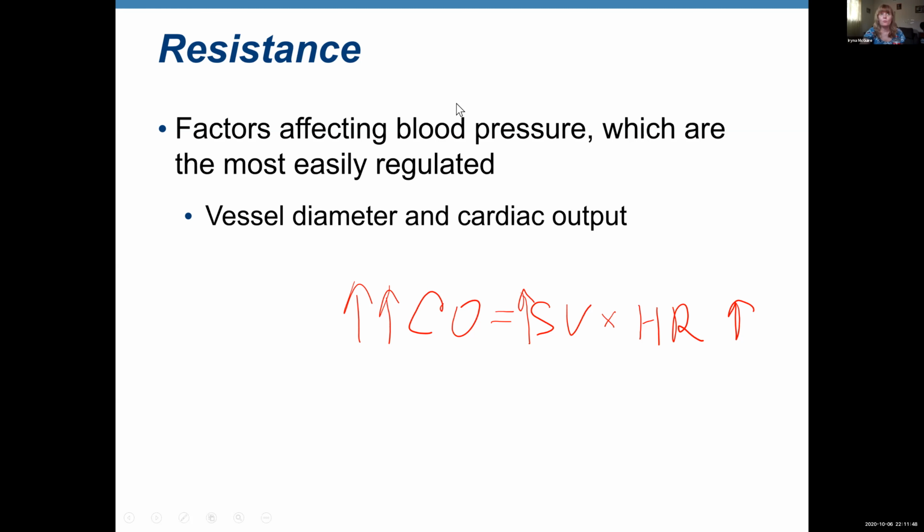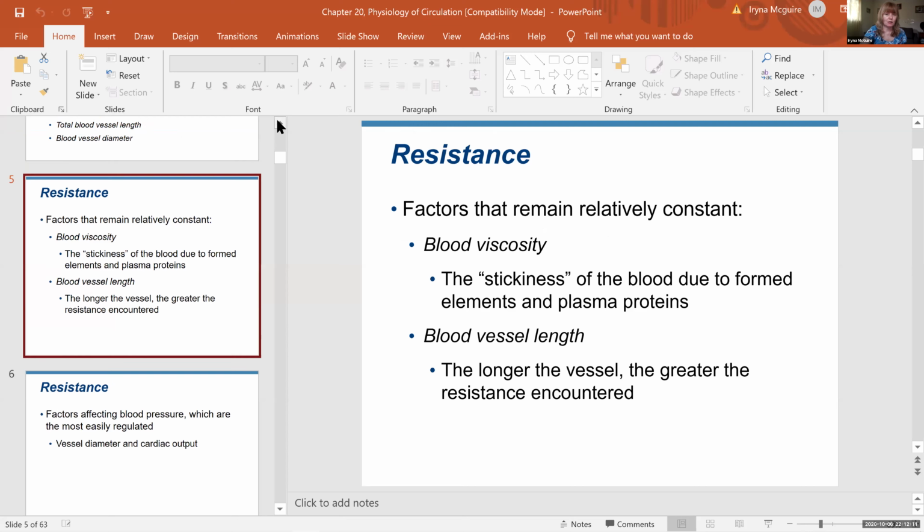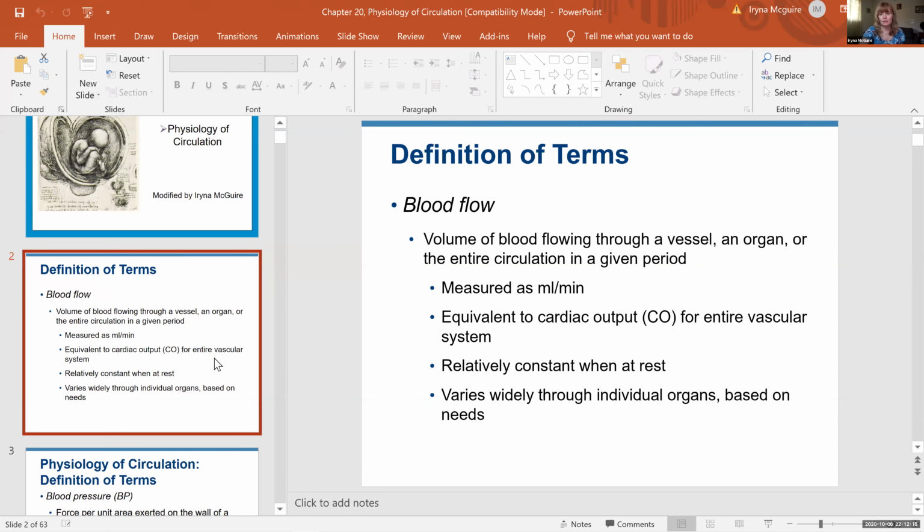So your body can regulate resistance by regulating vessel diameter and cardiac output. And some factors should stay pretty much constant, such as blood viscosity and blood vessel length. That makes sense, right? Just to remind you what we're talking about: we decided to get straight with all this terminology.